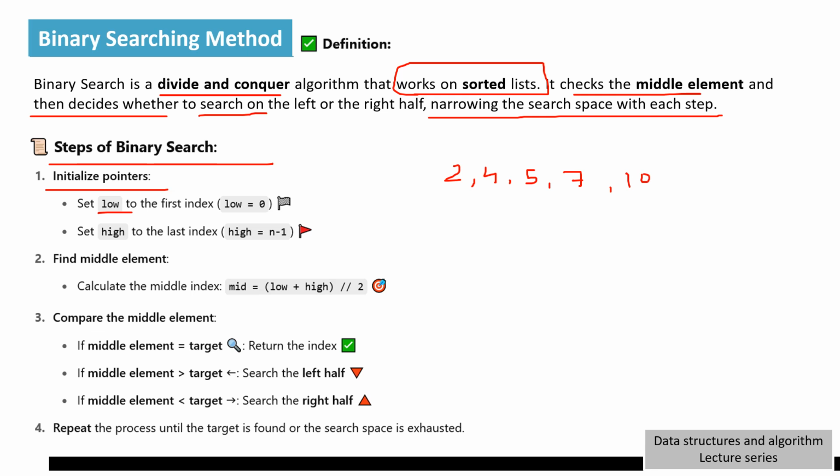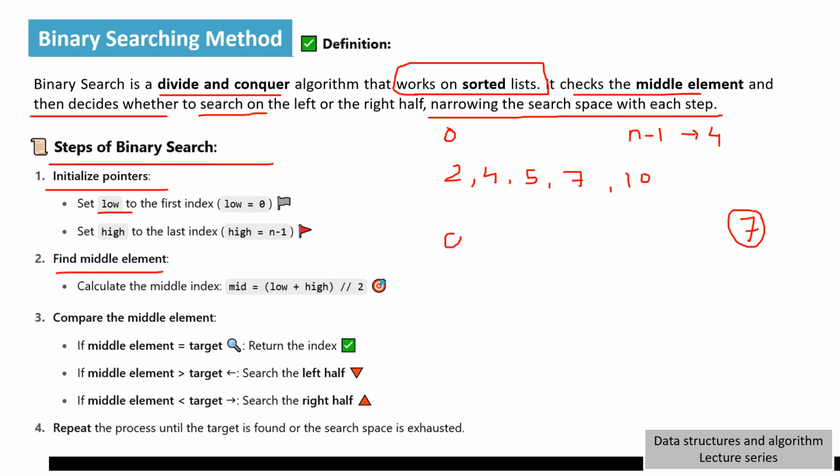This is the sorted array given to you and you have to search for the target value 7. So the low value has index 0, and the high value has index n-1. Since there are 5 elements, n-1 is nothing but 4. So low and high you have set. Then the second step is to find the middle.